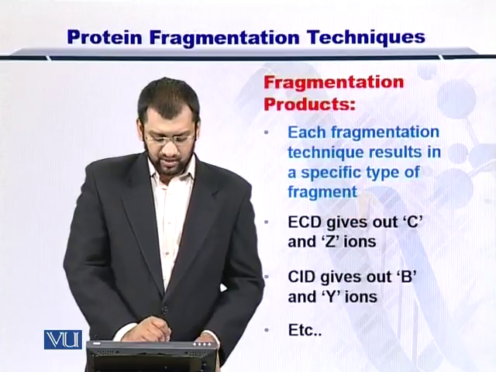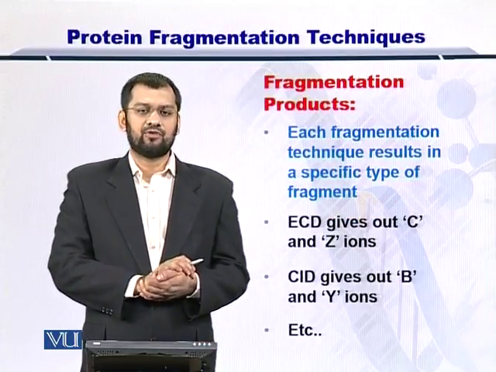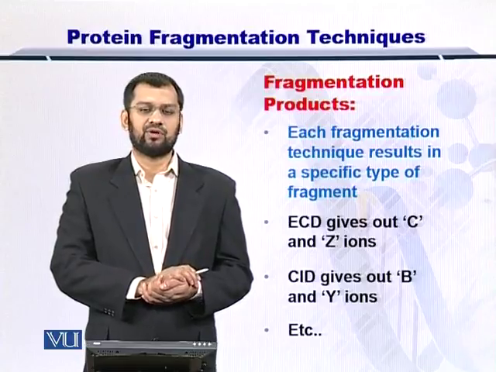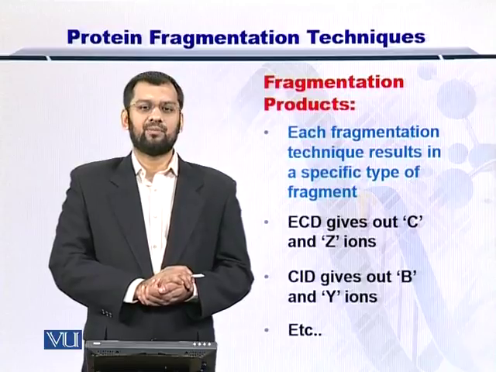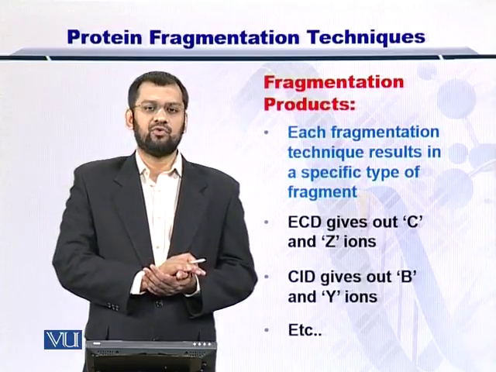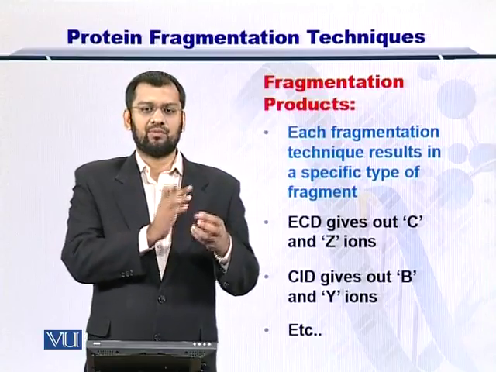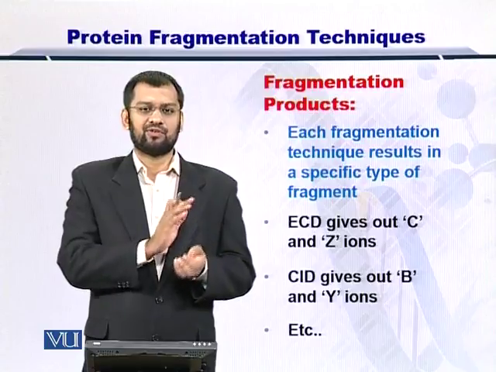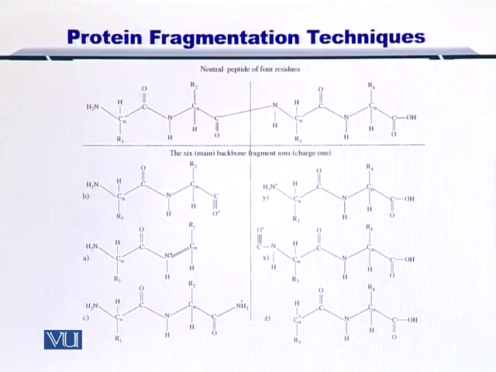Just to give you an overview, each fragmentation strategy fragments the protein or peptide in question in a very specific way. Once the proteins are fragmented, for instance, ECD will cleave the protein from a specific position, and you will have 2 different fragments. The fragments are given here in your textbook.